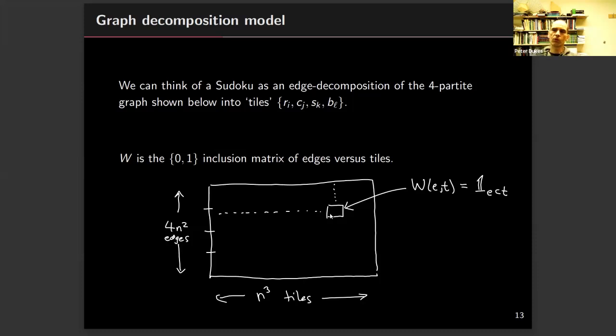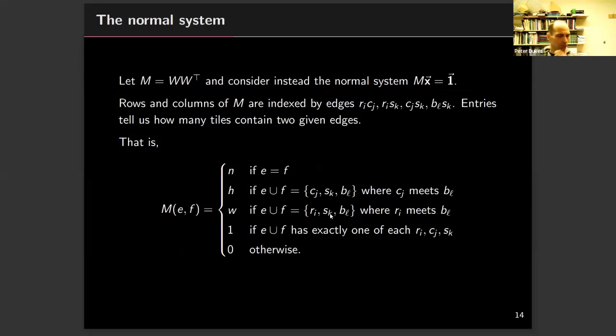But we're going to do something to this matrix that's possibly helpful. We're going to take W W transpose and make this normal system Mx equals the all ones vector instead. And you can think about this as saying, very roughly, we're going to solve our system Wx equals all ones by choosing weights on the edges that we have in such a way that all choices that use that edge are going to be spread out and equal.